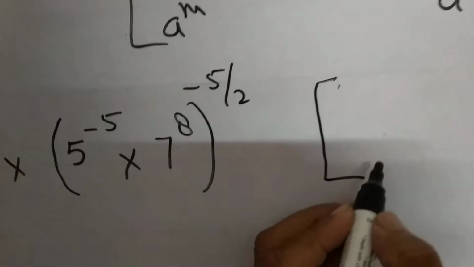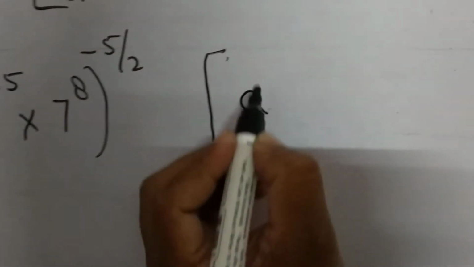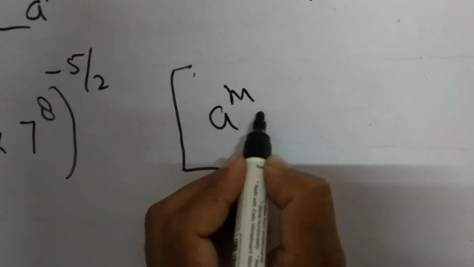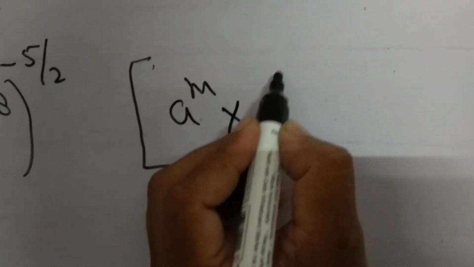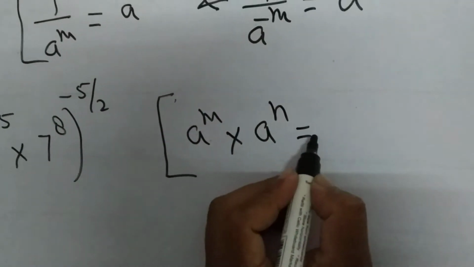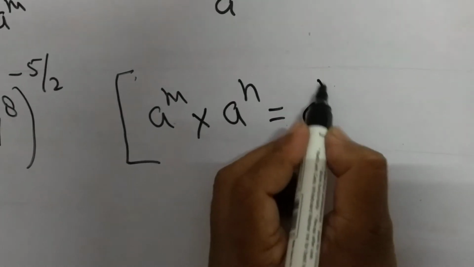Using law of integral exponents, a raised to power m into a raised to power n is equal to a raised to power m plus n.